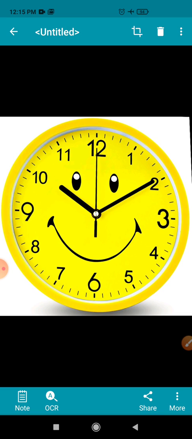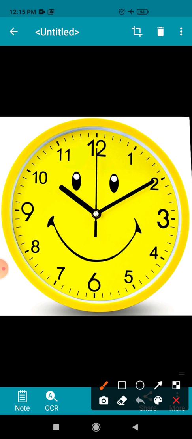Here you can see a picture of a clock, and you can see numbers from 1 to 12. Beside that, there is one short hand and one long hand of the clock. Short hand tells time in hours.